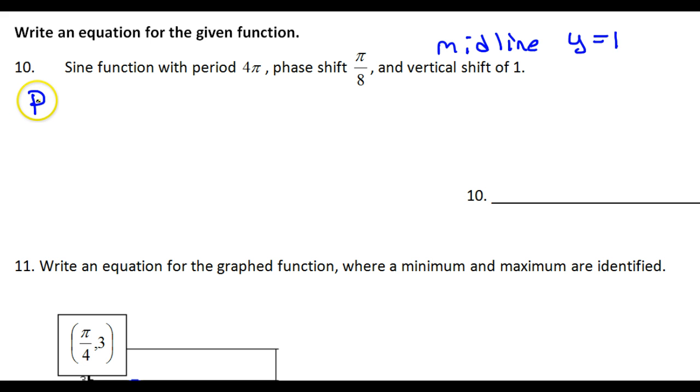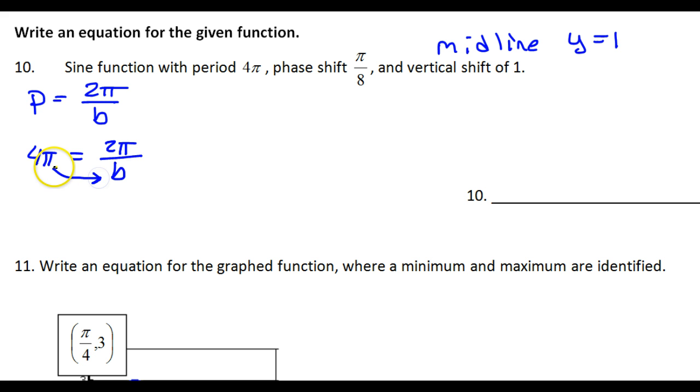We know that the period is equal to 2 pi divided by the b value. And the b value is the thing that goes right here in the function. So we'll get to that in a moment. We should be able to use this to find the b value. If the period is 4 pi, then 4 pi should equal 2 pi divided by the b value.